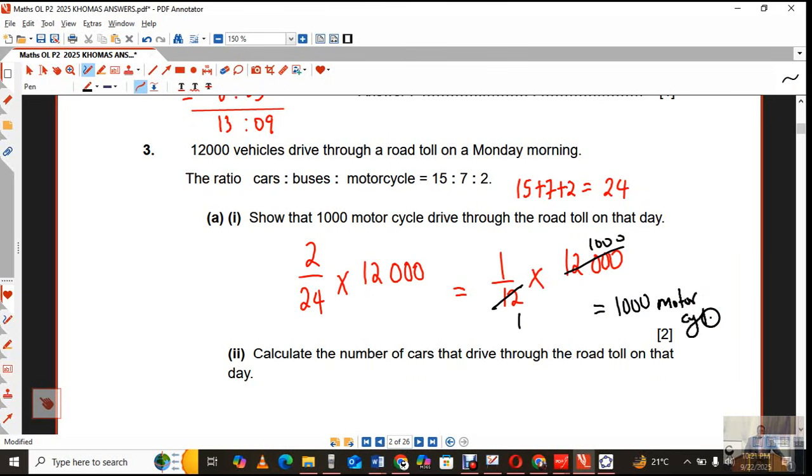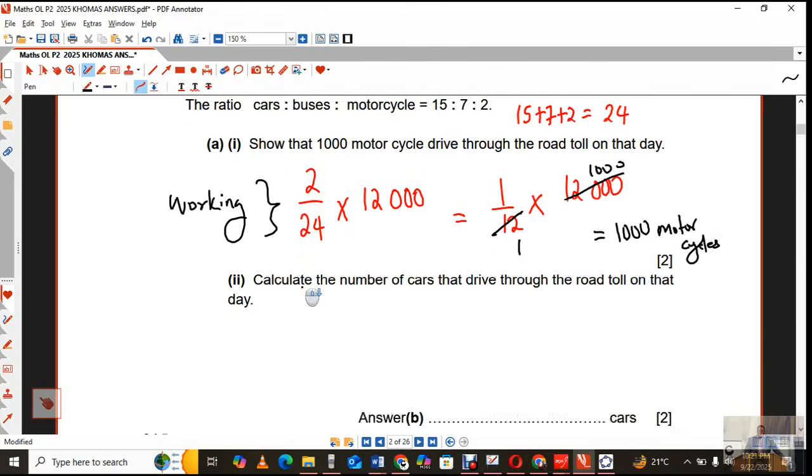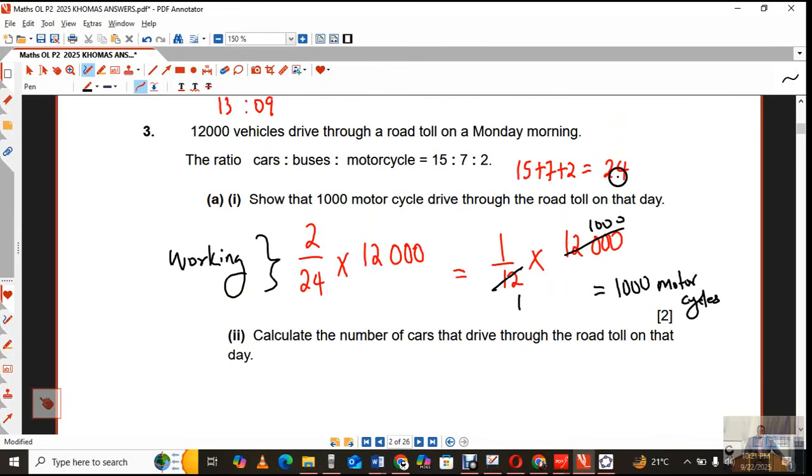Right. So you get a mark for all this working here, the correct working, anything equivalent to that. That's where your marks are coming from. They say calculate the number of cars that drove through the road toll on that day. Now, the ratio represented by cars is 15 out of 24.